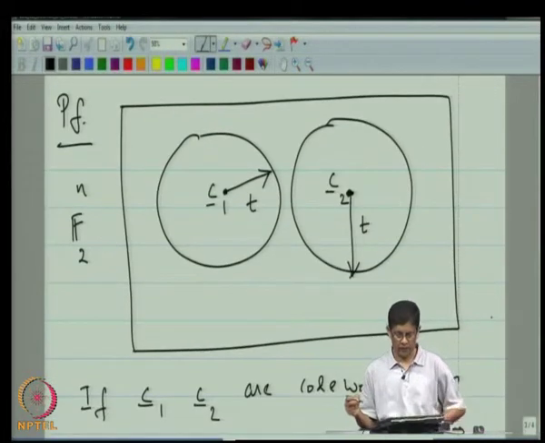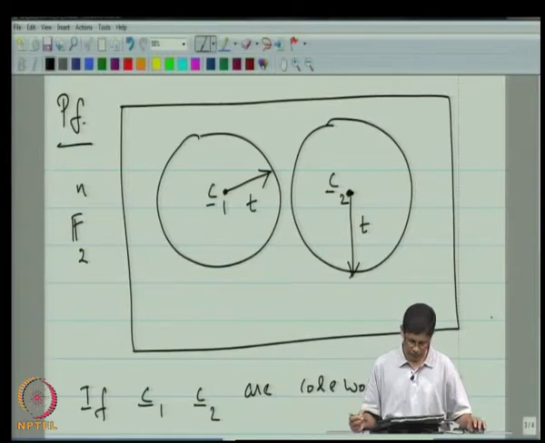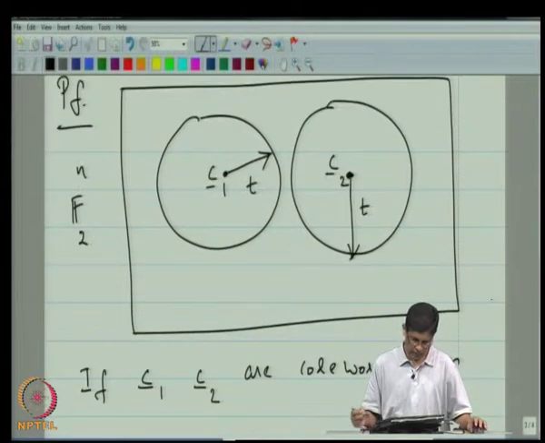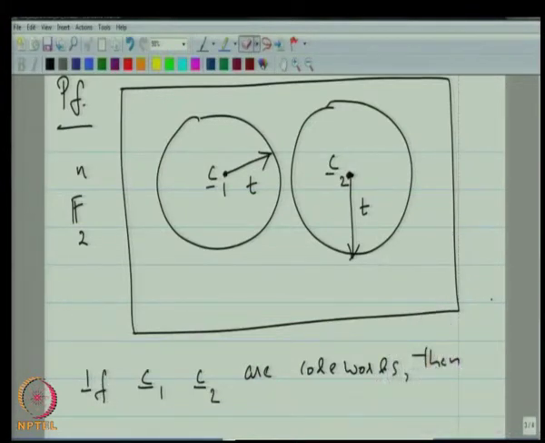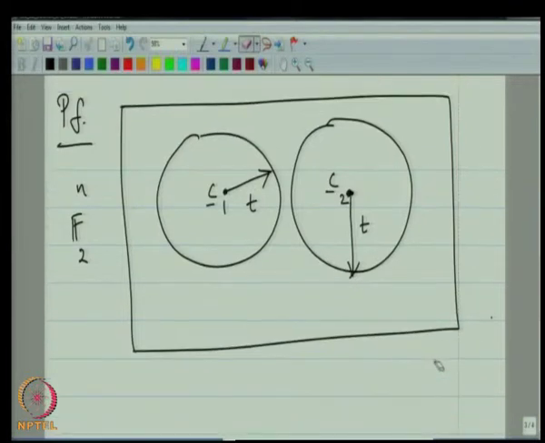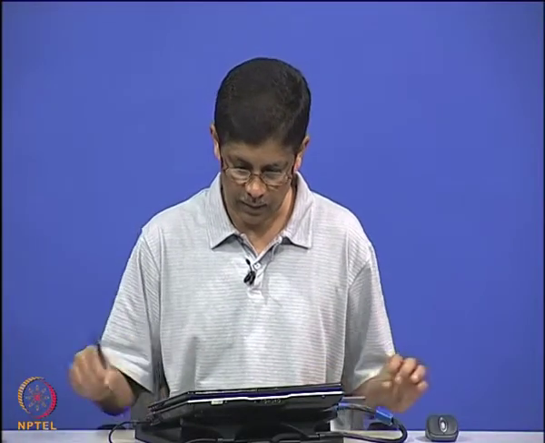using the following argument. Let me just say it out in words, and then afterwards I will write down the proof.